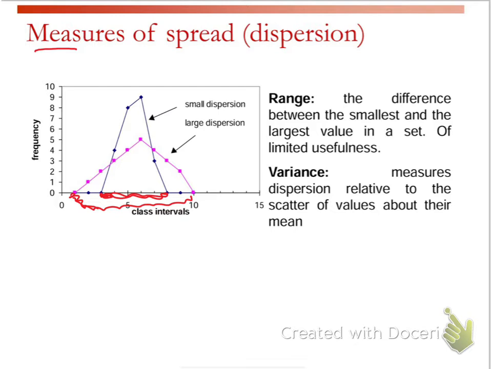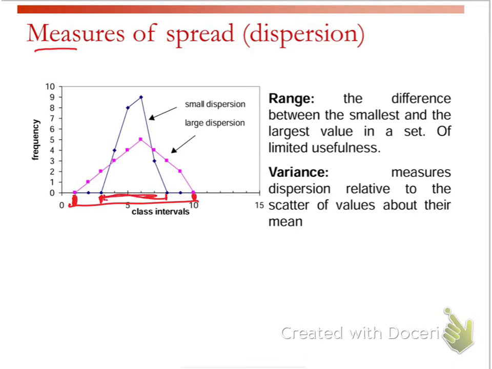So I have the range of the data. This is the range, the starting point and the end point. So starting from, for example, 1 up to 10, my range is 9. But this data starting from 3 up to 7, the range is 4.